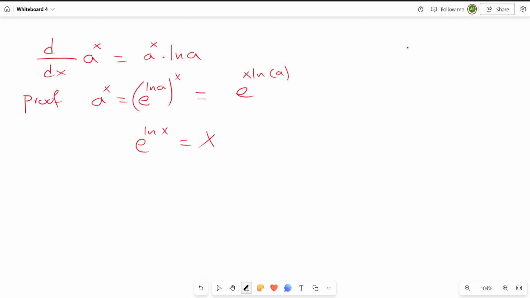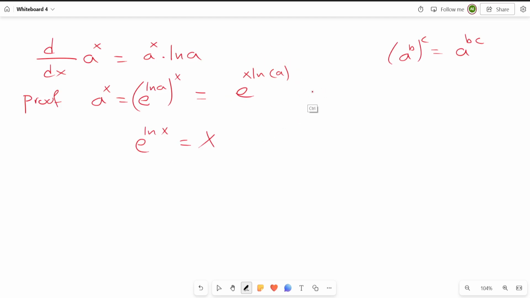Why? Because I know from the indices or exponent rules that a to the power of b, all to the power of c, is going to equal a to the power of b times c. So here, this is our b, this is our c, so these two are equal.